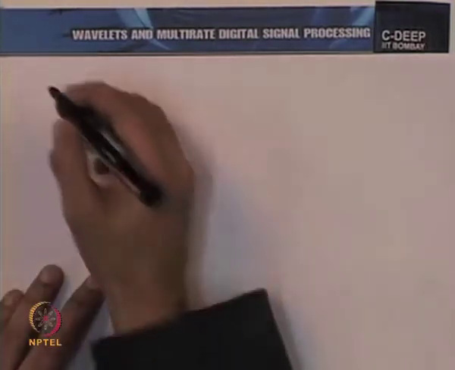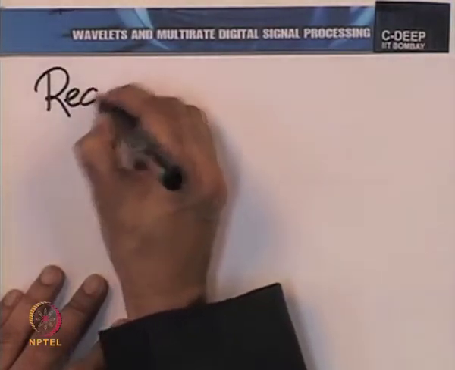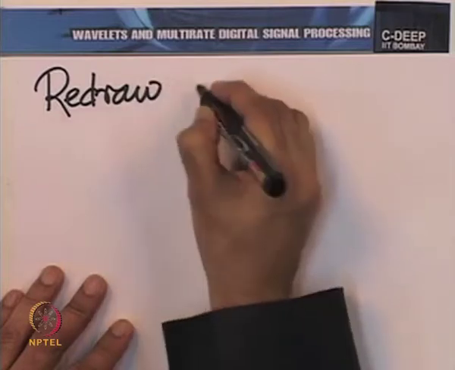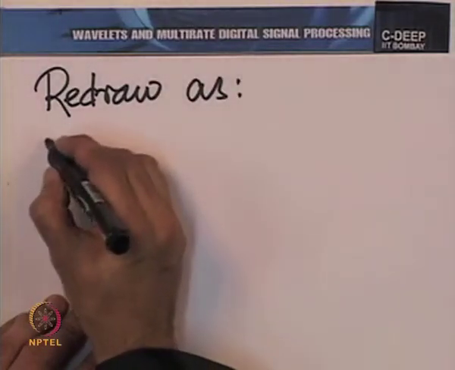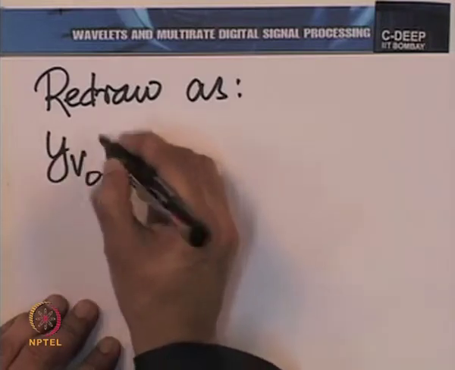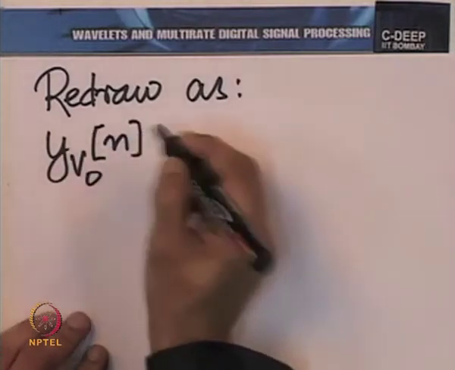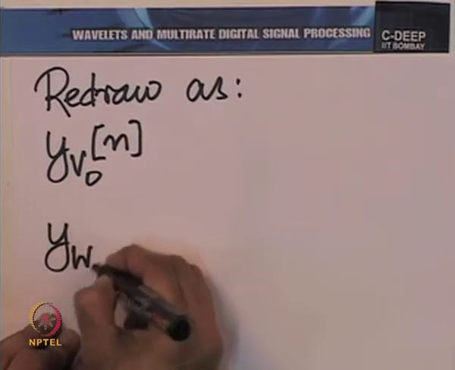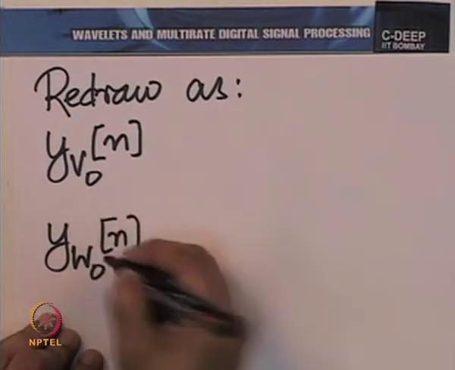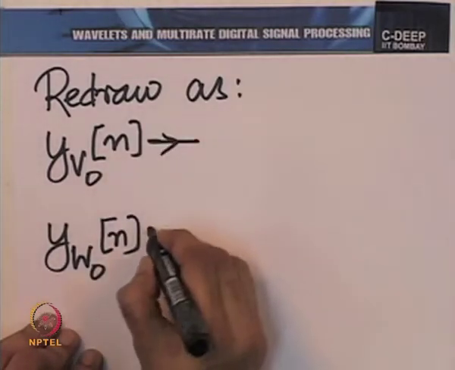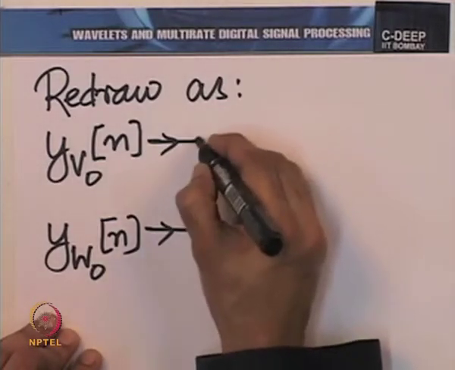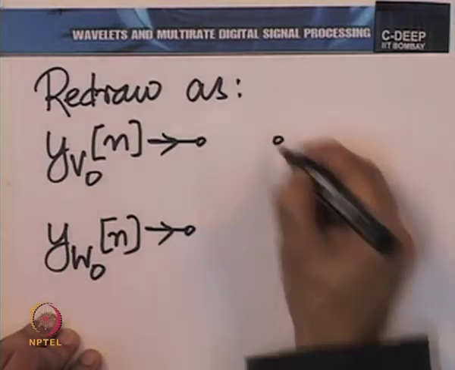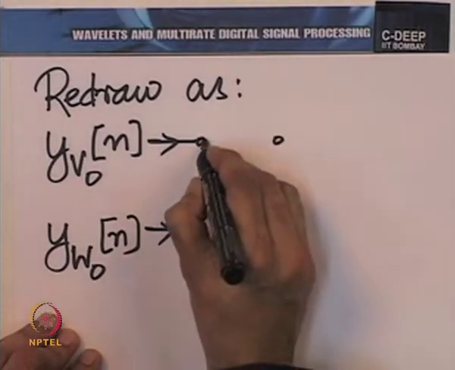Let us redraw this. So, we have a sum and difference branch here.